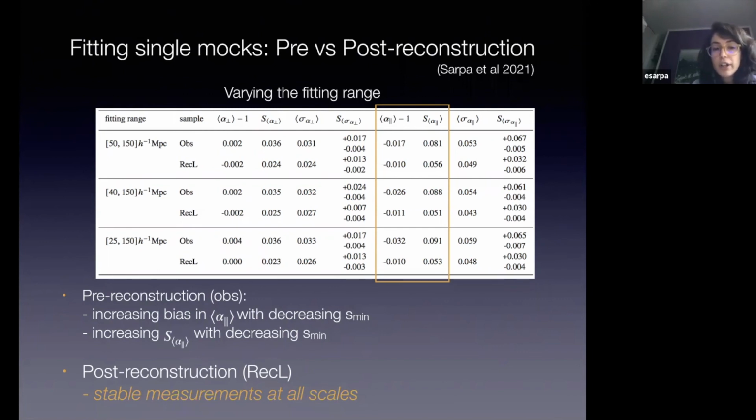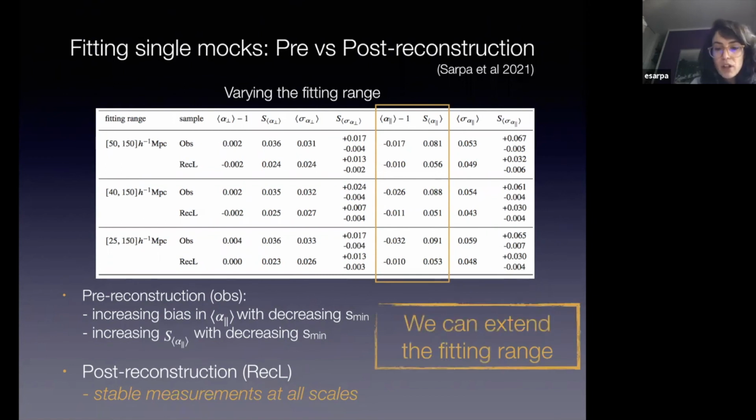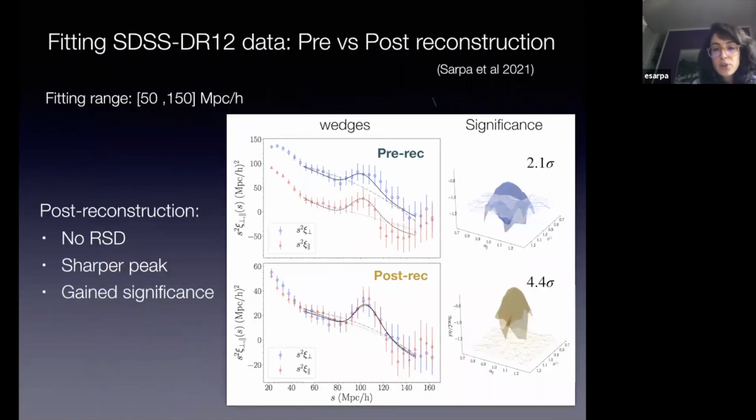On the contrary, post-reconstruction, we find that our estimation of alpha parallel is stable under those changes. And moreover, we don't see a clear increase in its uncertainty. So we can conclude that we can safely extend the fitting range and perhaps start thinking about a full shape analysis post-reconstruction. Those were the results for the MOCs.